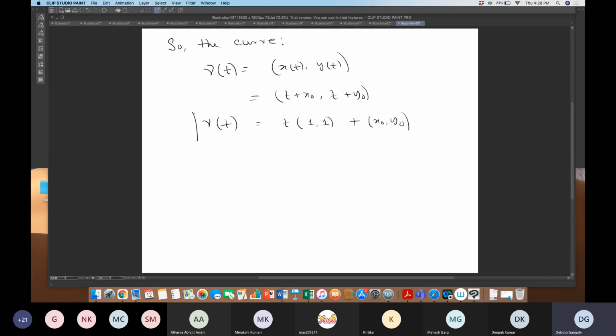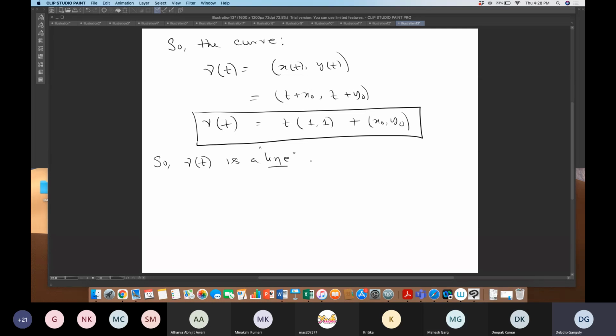What is this curve? Straight line with slope 1. Yes. So gamma t is a line with slope 1. Very good.